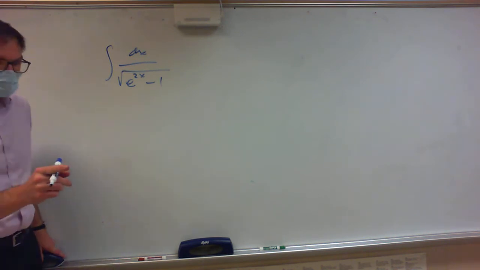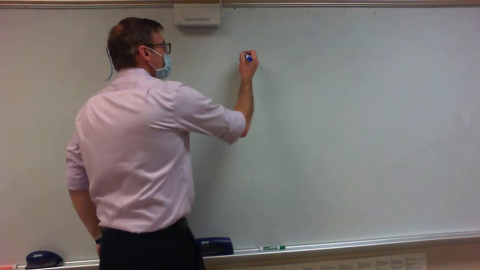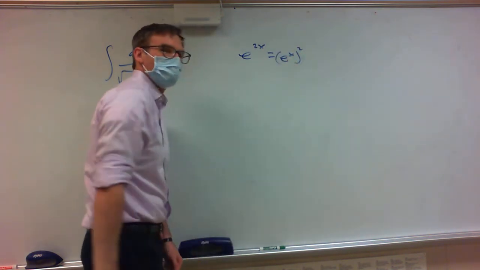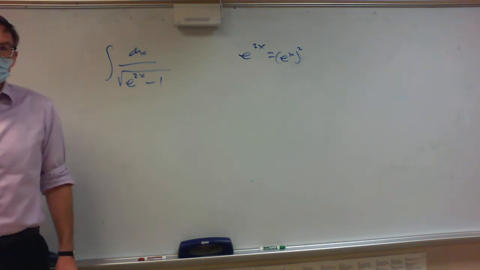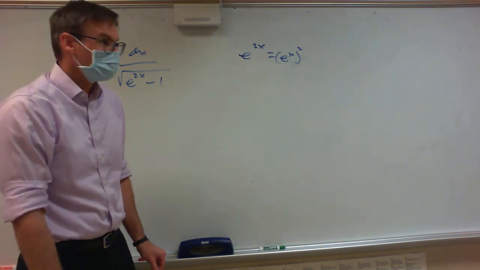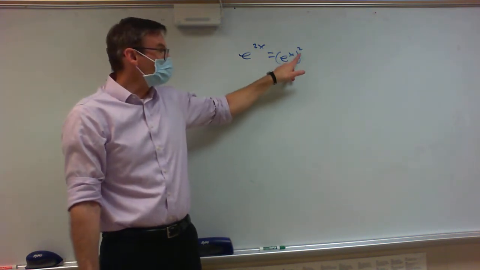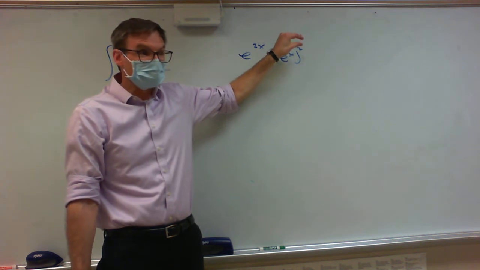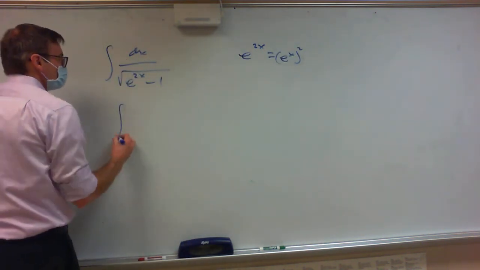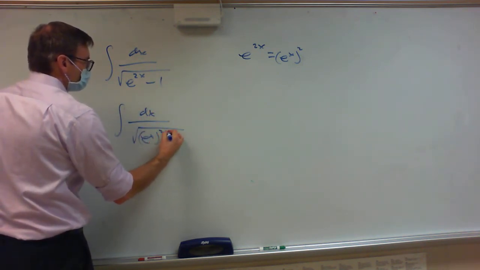Anytime you see e to the 2x, you need to realize that e to the 2x is the exact same thing as e to the x squared. Just in general. Everybody okay with that? Because anytime you have an exponent raised to an exponent, those get multiplied. And so now this is really just the integral of dx over the square root of e to the x squared minus 1.